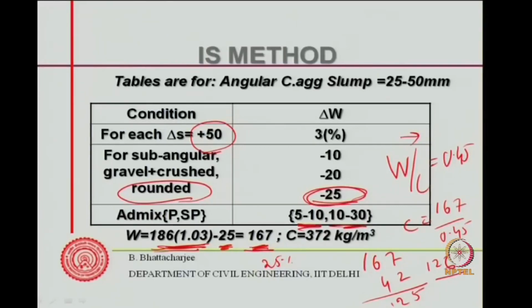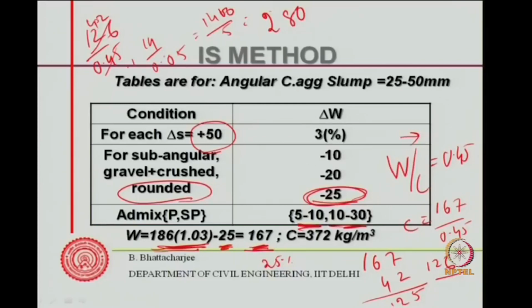The cement also will become 126 divided by 0.45, which works out to 280 kg.